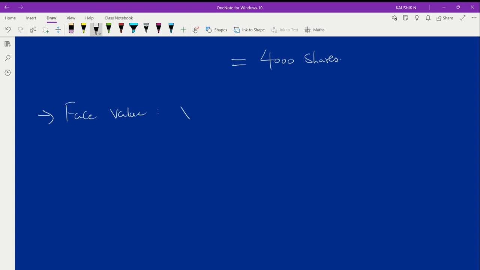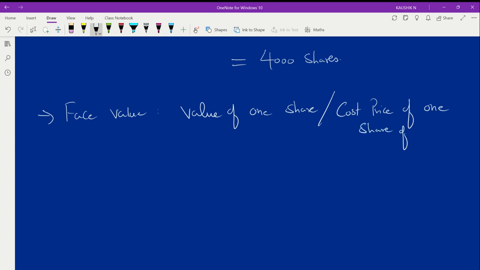This is nothing but the value of one share, or in other words the cost price of one share of a company.